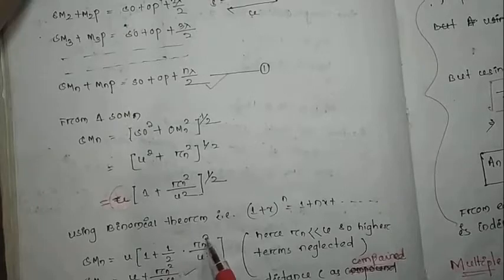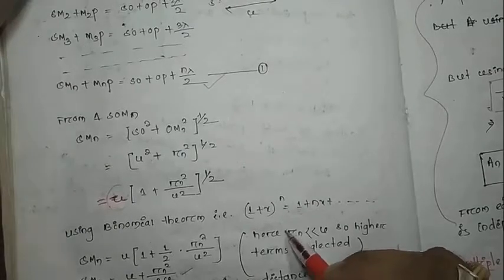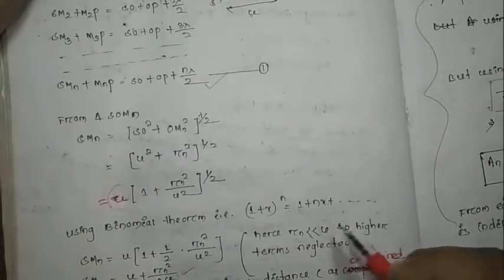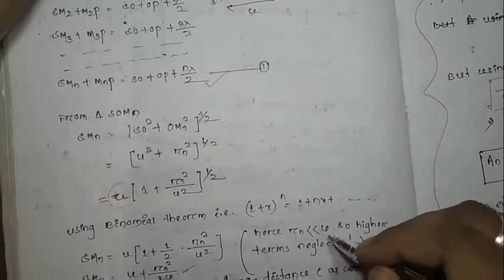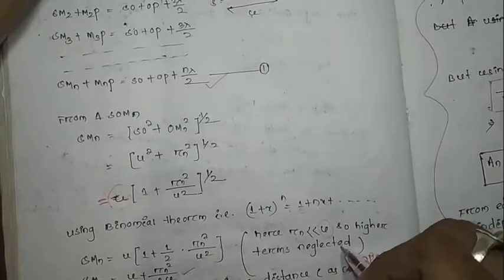Like that, 1 plus Rn square by u square to the power 1 by 2 will be u into 1 plus 1 by 2 Rn square by u square. Other higher terms we are not going to consider, because Rn is very small as compared with your object distance u. So higher terms have been neglected, and we consider only the first term, Rn square by u square.